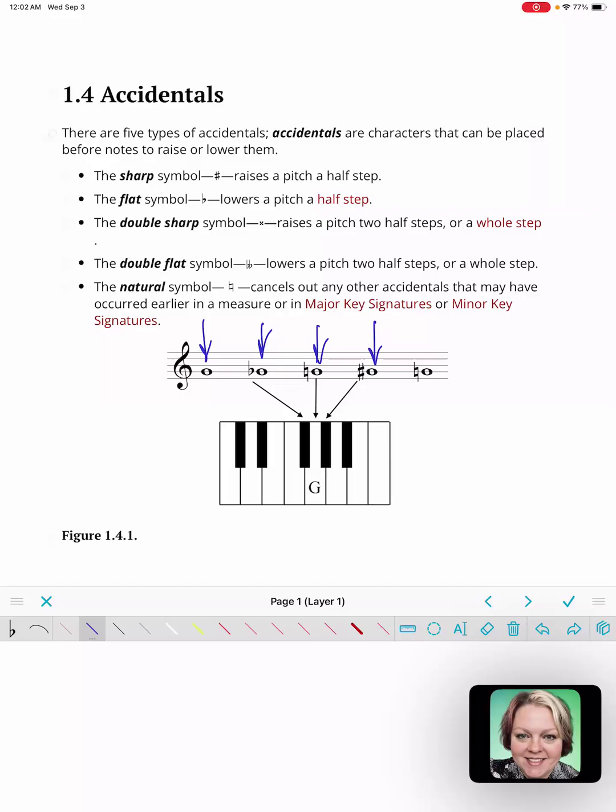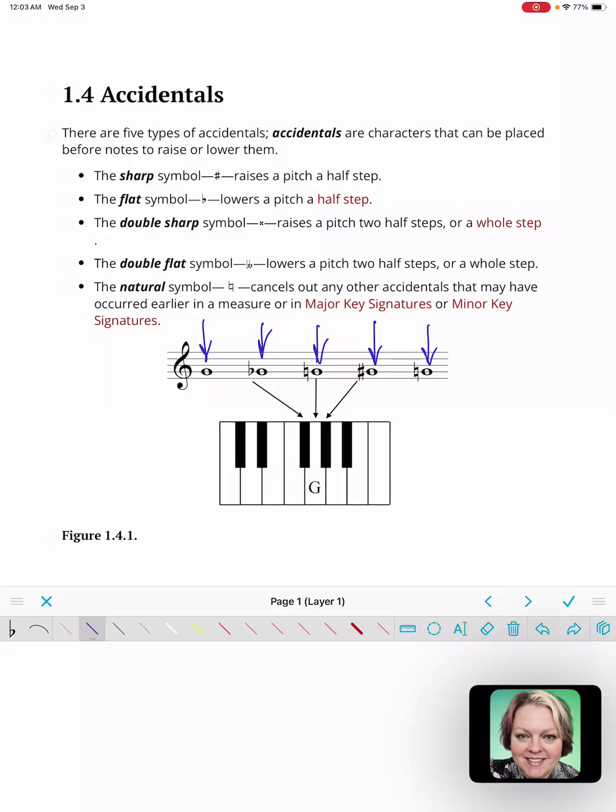And then the very last note that you see there is back to a regular old natural G. So that's what it sounds like. So without all those crazy pauses, if I played it fast, it would sound like this, which has a little bit of a comical flavor to it, actually.